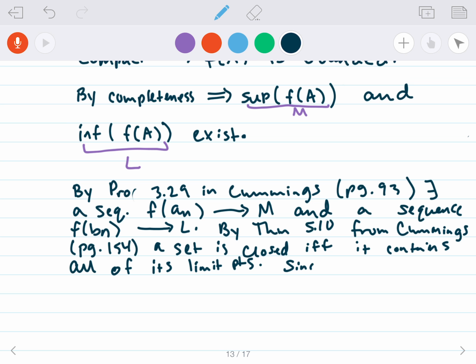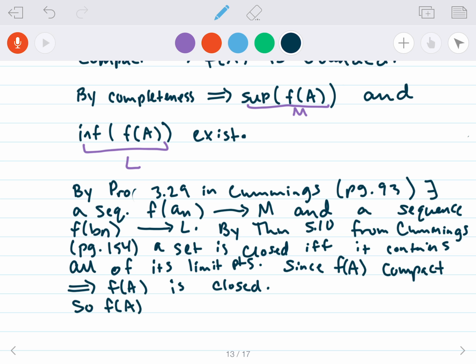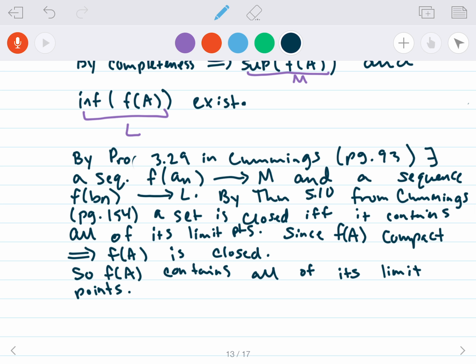Well, since the image under f of A is compact, that means it's closed, just by definition. So f of A contains all of its limit points, and L and M are limit points.